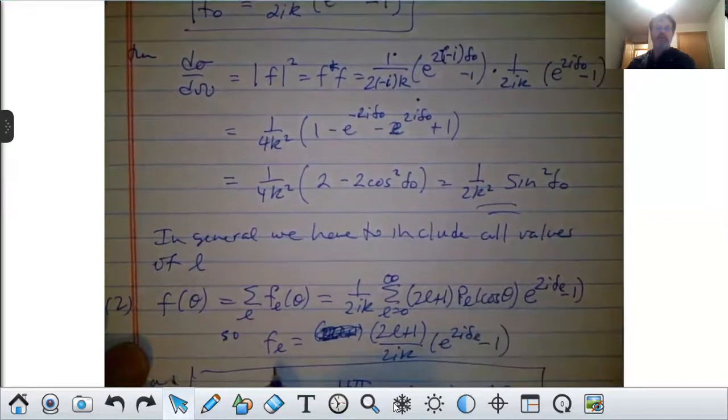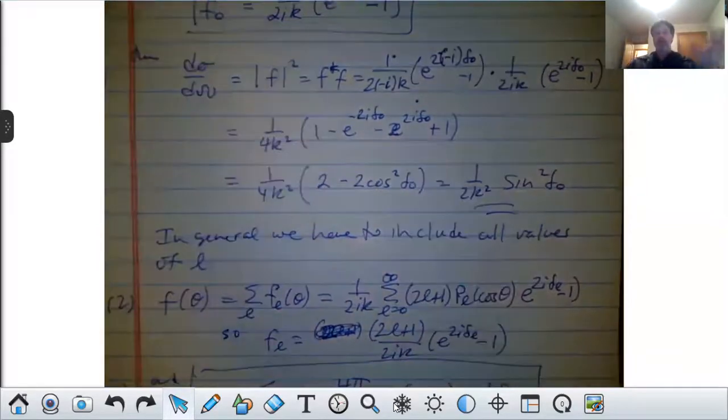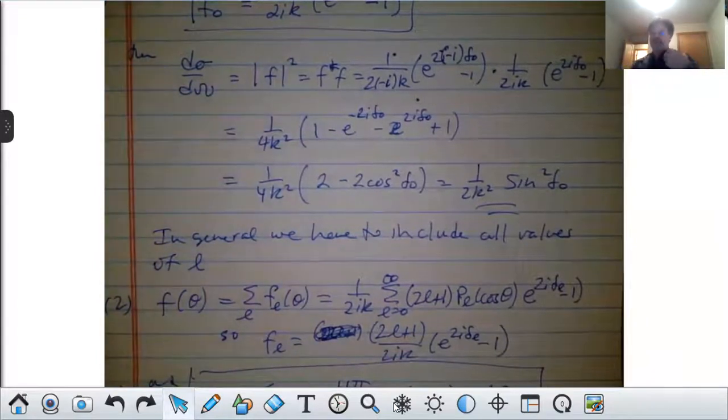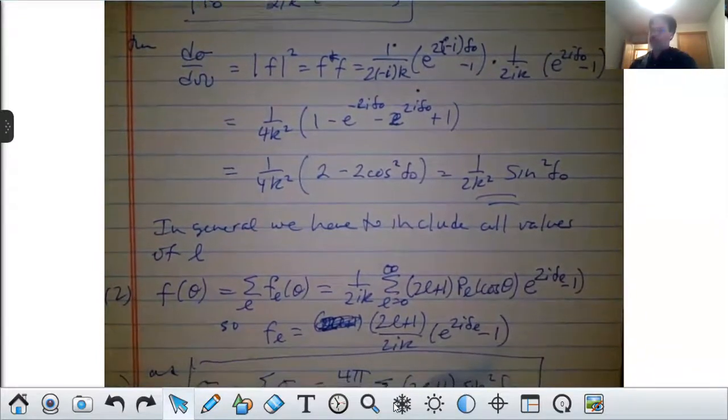So you find that generally F_L is 2L plus 1 over 2ik, e to the 2i delta L minus 1. These are the coefficients in that expansion of P_L of cosine theta. So I can get the scattering amplitude as an expansion in terms of those functions.